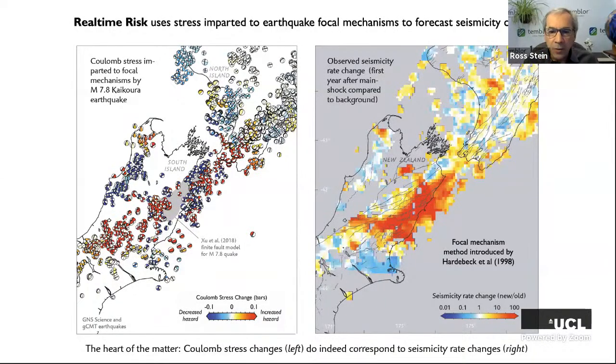So what are we doing now? And this is something that Tembler is doing: we use focal mechanisms, we use the seismicity rate equation that you saw, and we use the stress transfer from all the earthquakes that are large enough that we really know what their sources are. So now I want to show you a forecast we've made for Japan.